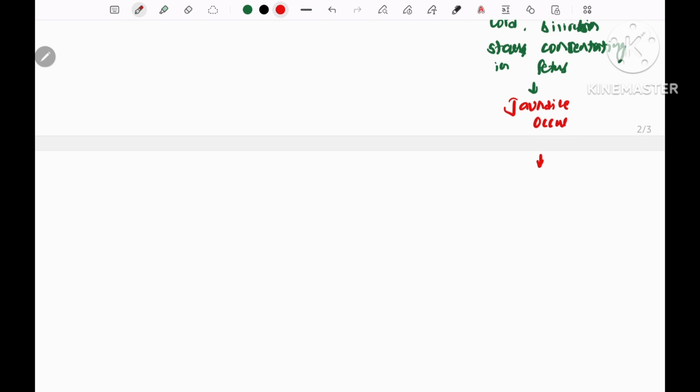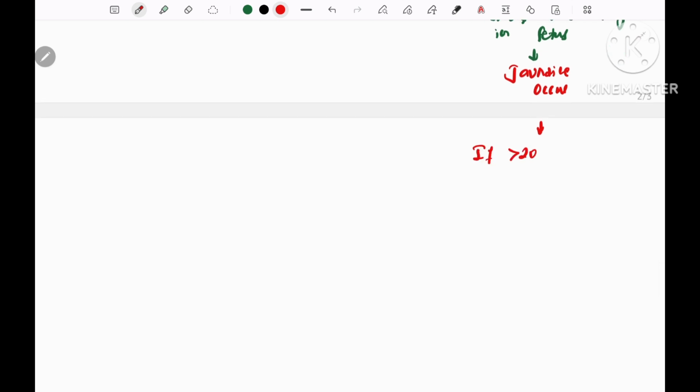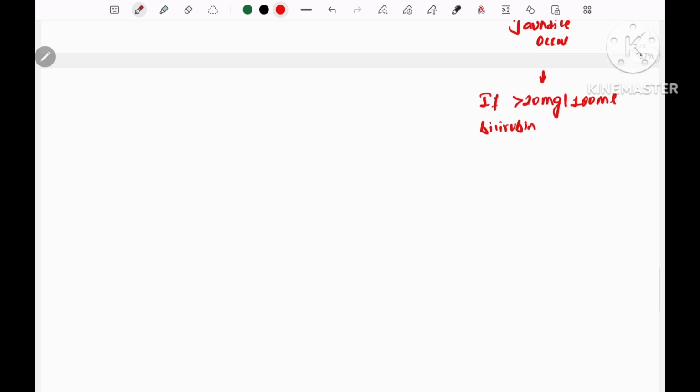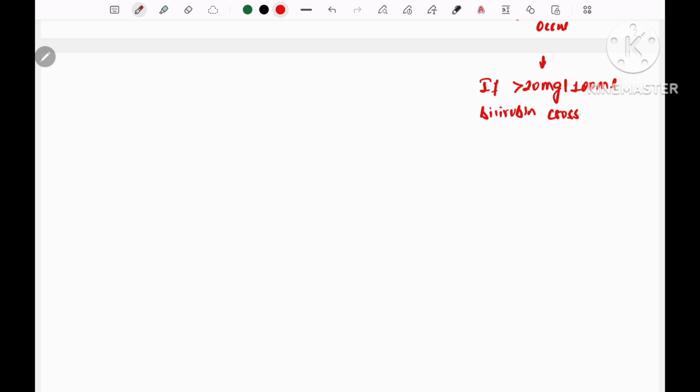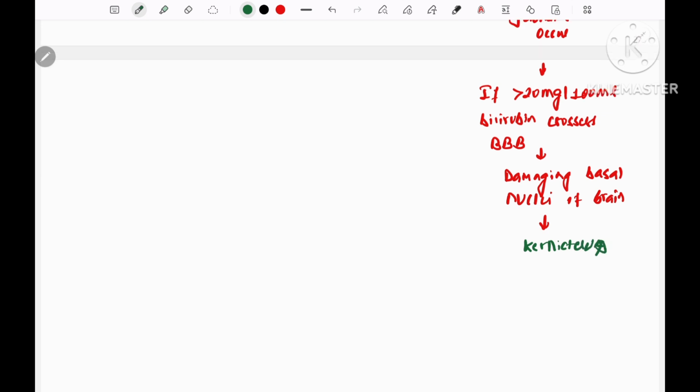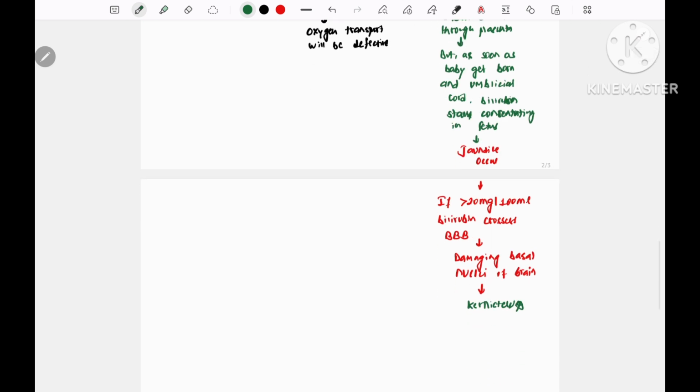We have to know that if more than 20 mg per 100 ml of bilirubin crosses the blood brain barrier, it starts damaging the brain, specifically the basal nuclei of the brain, due to which kernicterus happens. So this is the pathophysiology for the formation of kernicterus.